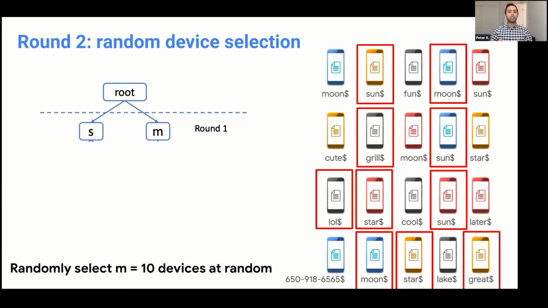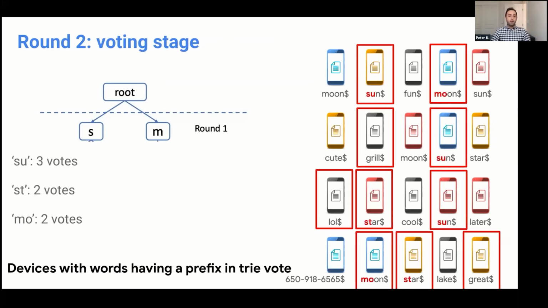That's how we make sure that words that have prefixes that are not popular are never discovered by the service provider. In this case, we're going to get counts on words that start with S or M. As you can see, here we get 3 for SU, 2 for ST, and 2 for MO from the fleet of devices that we've randomly sampled.